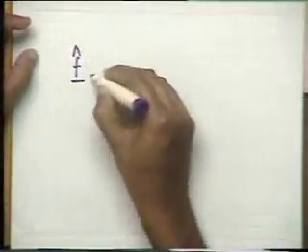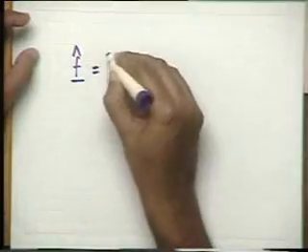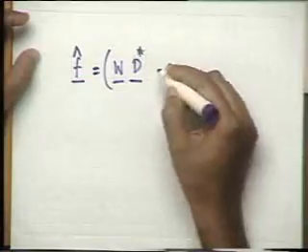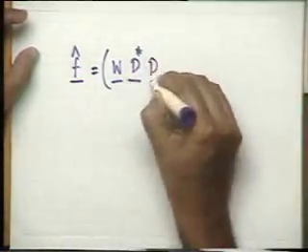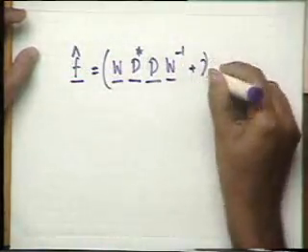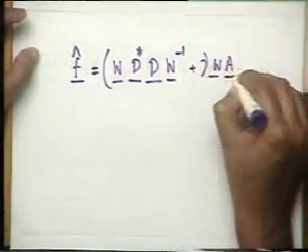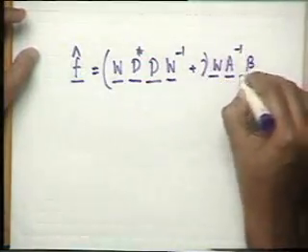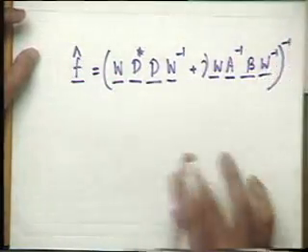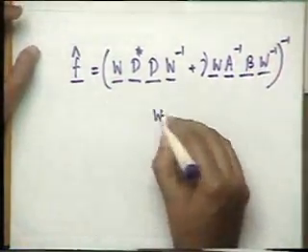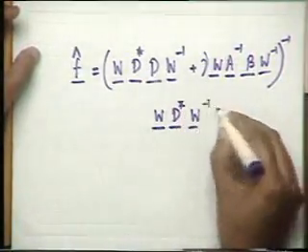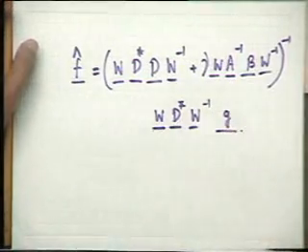By these substitutions you will get f hat equal to W (D star, the complex conjugate of D, times D W inverse plus gamma W A inverse B W inverse), this entire thing written within the parenthesis inverse, product W D star W inverse G.